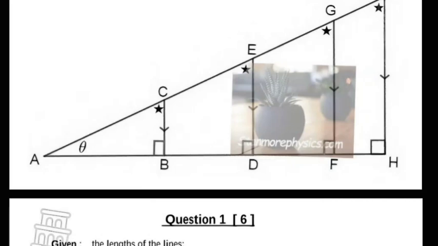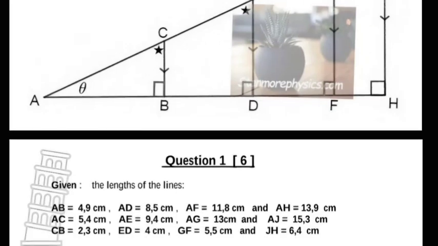And then in the next row we have AC, AE, AG, and AJ. And thereafter we have all the vertical lines, so CB, ED, GF, and JH. So we have lengths for every line segment on this diagram.